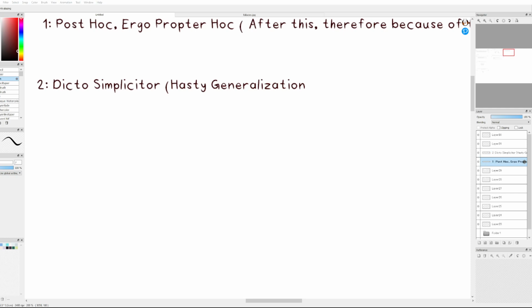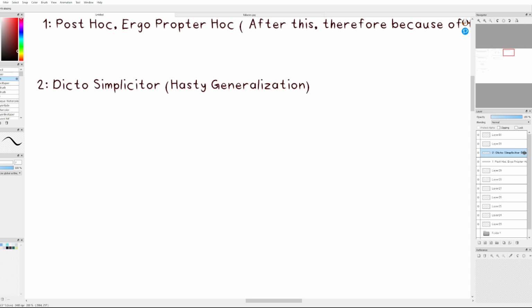It basically means that it's a quick decision that is made based on a few examples.